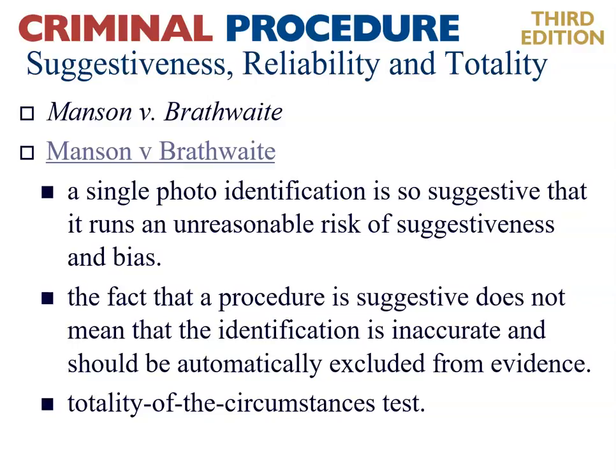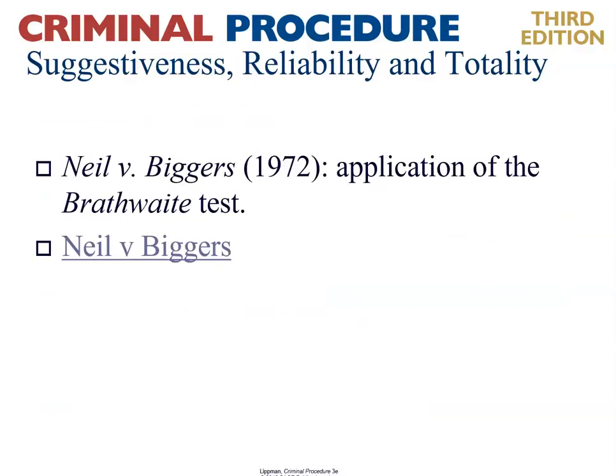So this case deals with a single photo. But again, the Supreme Court in Manson versus Braithwaite adopted this totality of circumstances test for the admission of identification under that due process type test. Again, looking at the totality of circumstances.